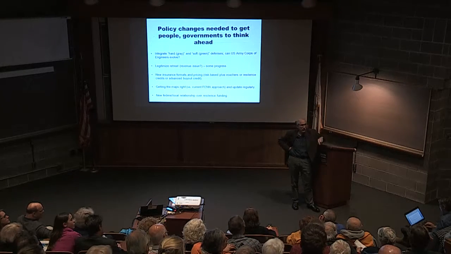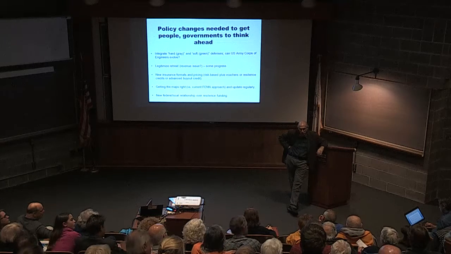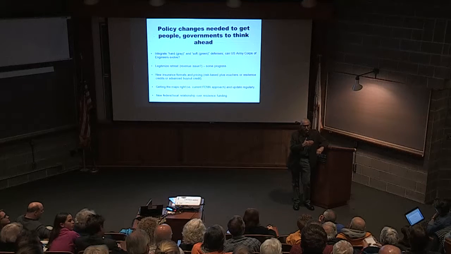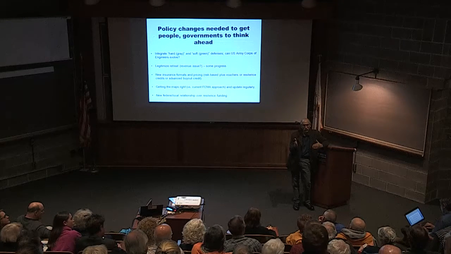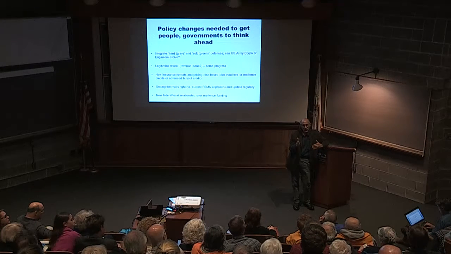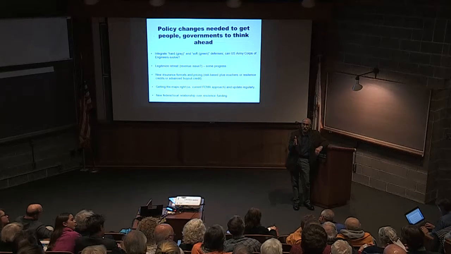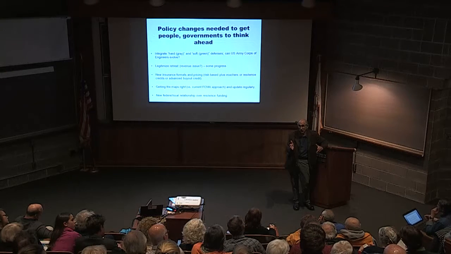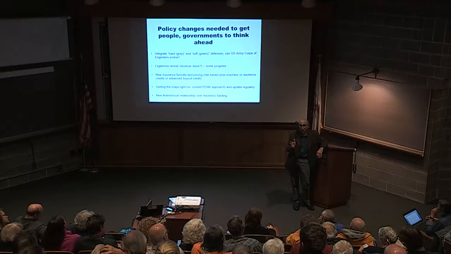Let me just answer that because I think it's an important point. One of the daunting things about this problem is that the science changes all the time. And if you're asking decision makers to make plans and make decisions based on information which is different from one month to the next in some cases, it's very hard for them to do that.